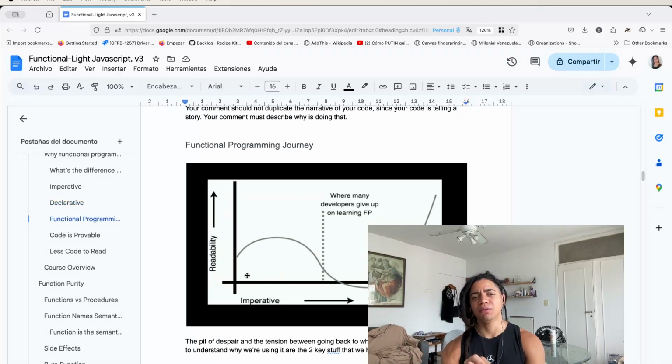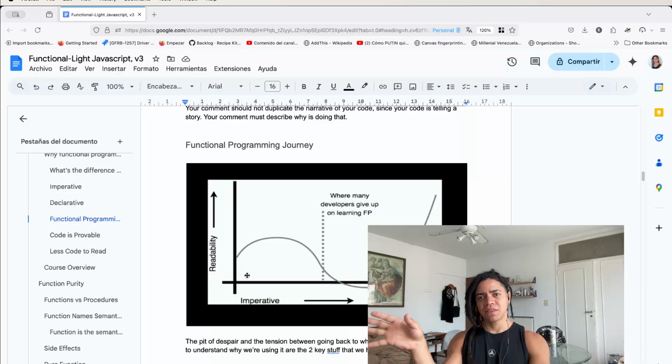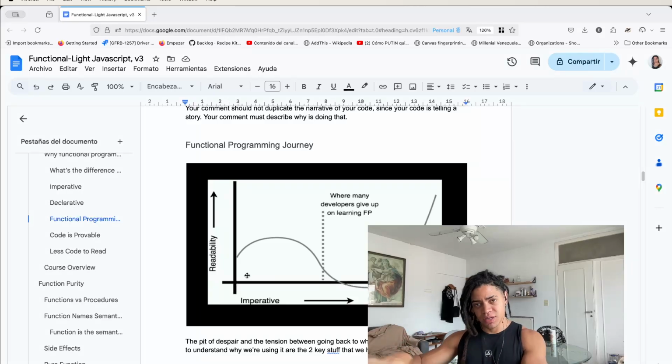So that's the value proposition of functional programming, based on Kyle Simpson's words and also my experience. The TLDR is that by looking at these mathematical tool sets, we are now on mathematical bedrock.